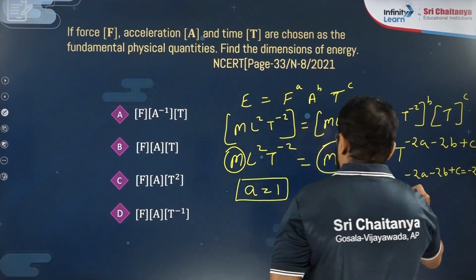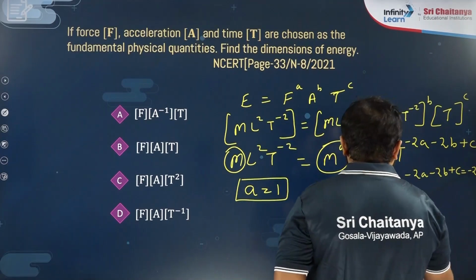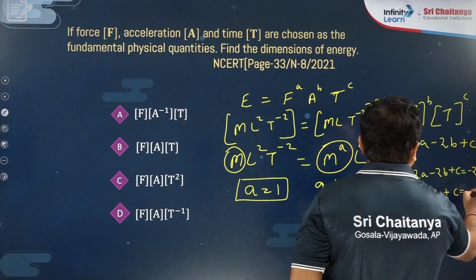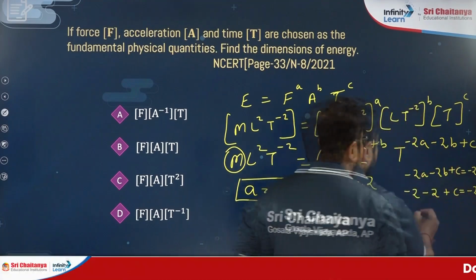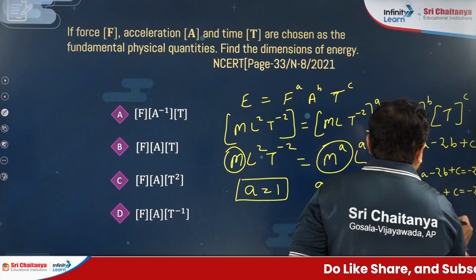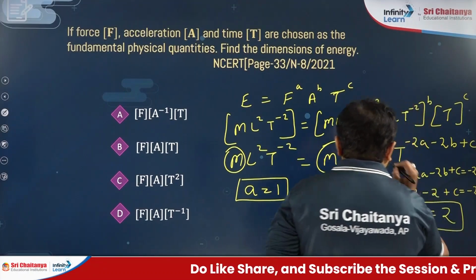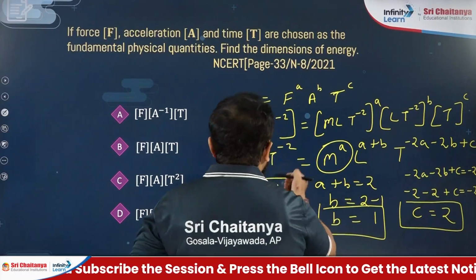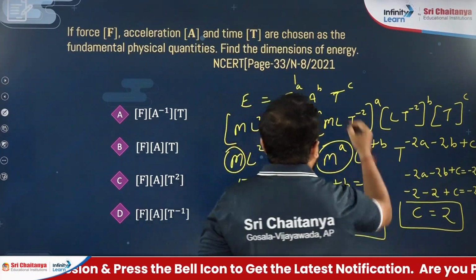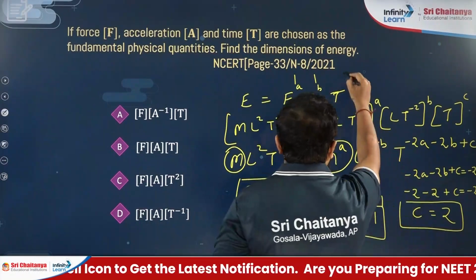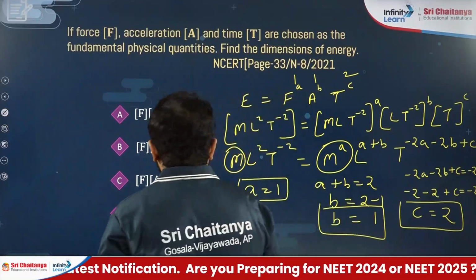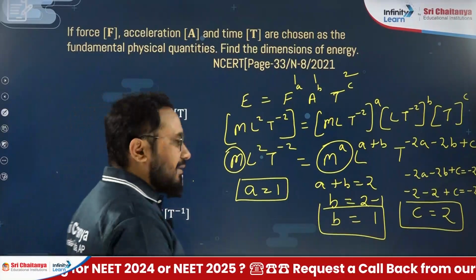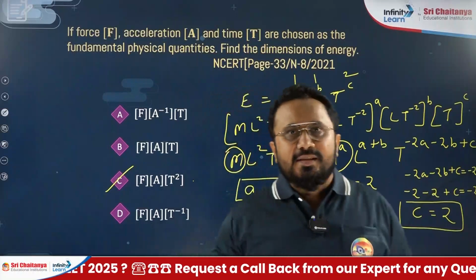Minus 2a will become minus 2, so minus 2 minus 2 plus c equals minus 2, so c will become 2. Substitute these values of a, b, c: 1, 1, 2. This is the answer. Is this clear?